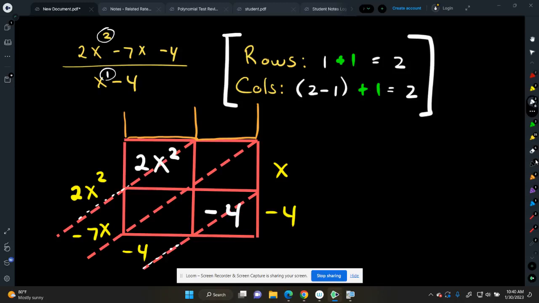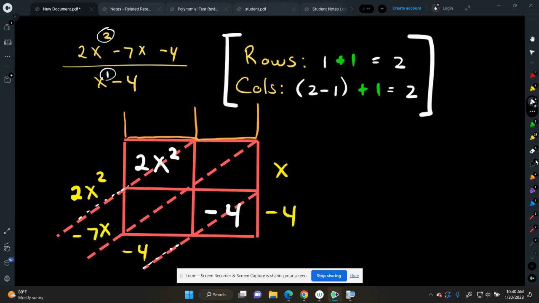Okay. Timmy, where's the 2x plus 3 go? Sam, where's the 2x plus 3 go?